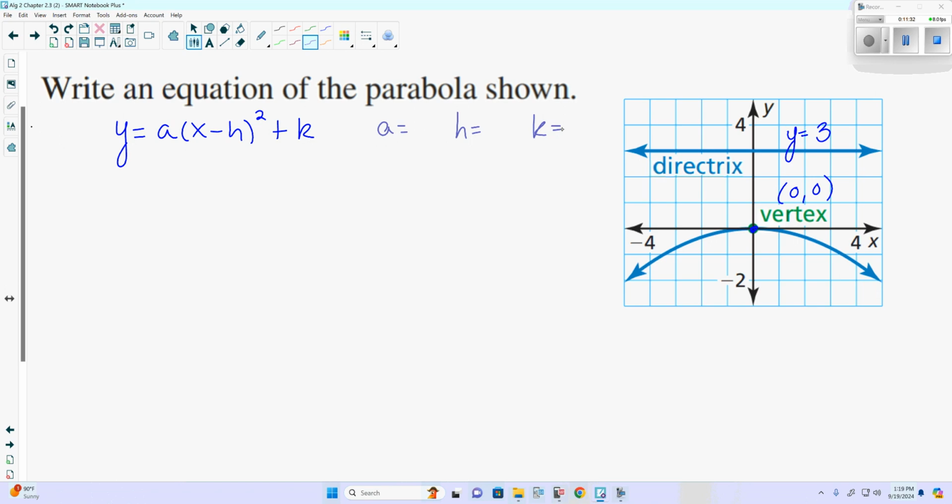Well, we can get h and k from the vertex, because our vertex is the point h comma k. Directrix in the general form, y is equal to k minus p.